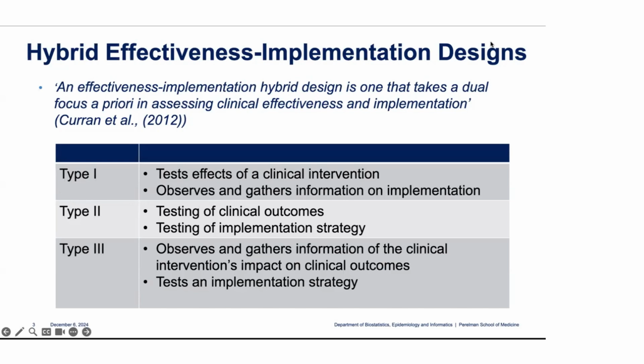So type 1s test effects of the clinical intervention on effectiveness, but they also gather information on implementation. Whereas type 2s test both the effectiveness and the implementation outcomes. And Megan, if you want to chime in here and be more precise, I totally welcome you to.